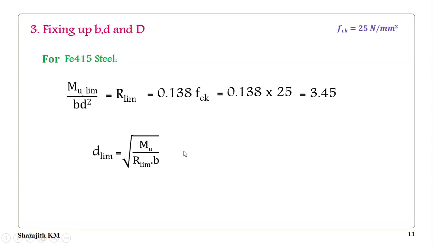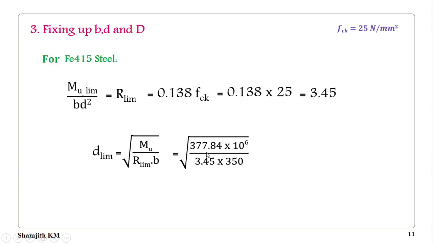Now we need to determine the minimum effective depth for the section. We can calculate it from d equal to the root of Mu divided by R_lim into b.